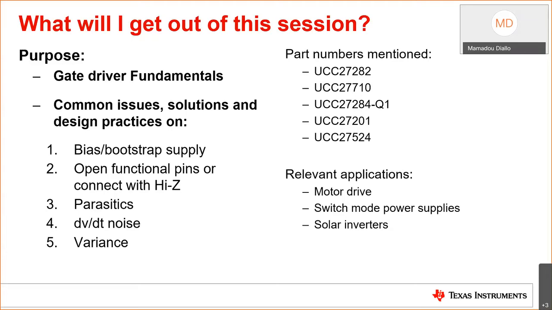The topologies I will discuss today are relevant to motor drives, switch mode power supply, as well as solar inverters applications. This presentation is meant to be interactive, so for each issue, I will show some waveforms and schematic. Then I will start the polling to give you a chance to identify the problem and possible root causes before I finally share the answer.